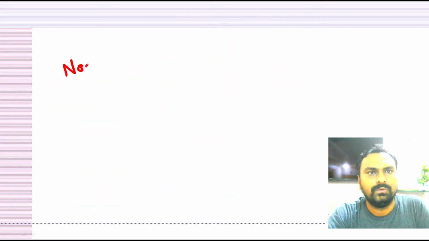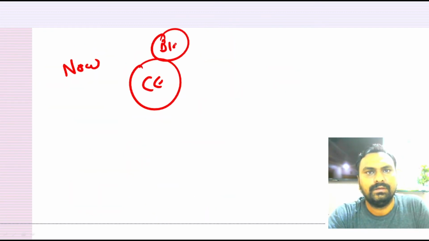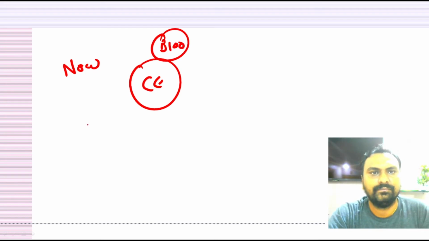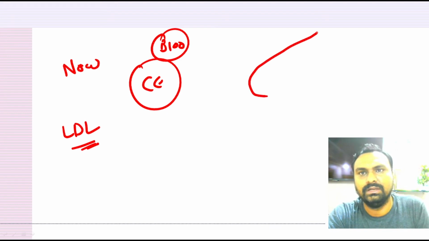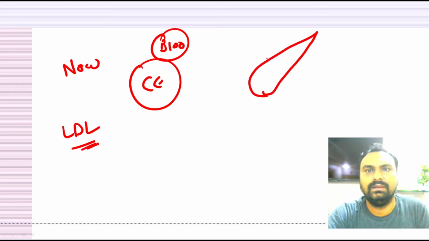Now this LDL has two fates. Either it can go to the liver. In the liver, there is an LDL receptor.